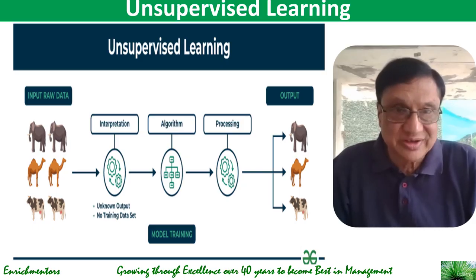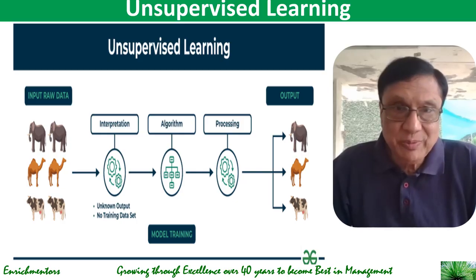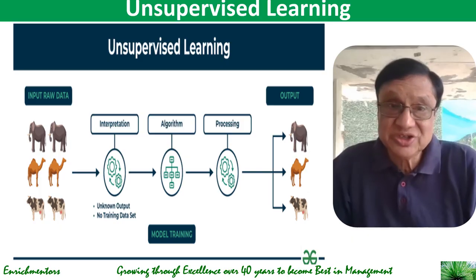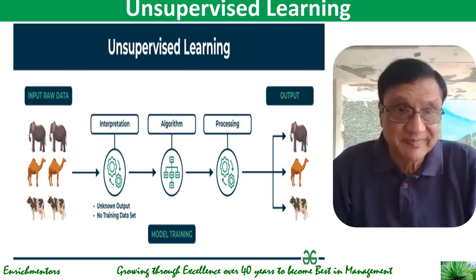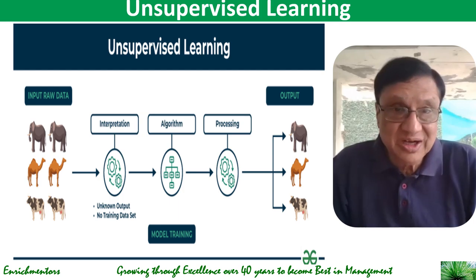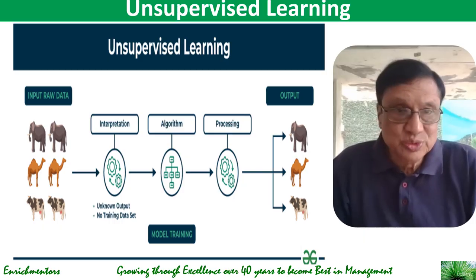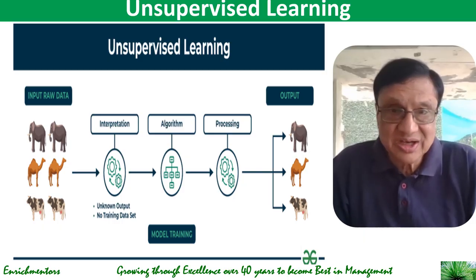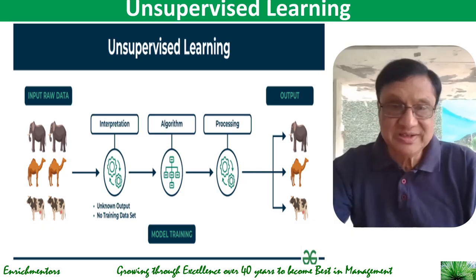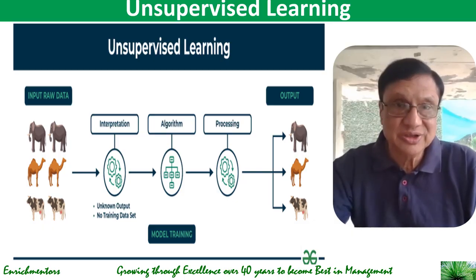This could include clustering, where you group similar data points together into clusters based on their features, like customer segmentation and image segmentation, and you determine those labels finally. Then dimensionality reduction, reducing the number of features or variables while preserving the essential information of the data. Techniques used for dimensionality reduction include principal component analysis and t-distributed stochastic neighbor embedding. So these are some of the unsupervised learning tasks that you can use.